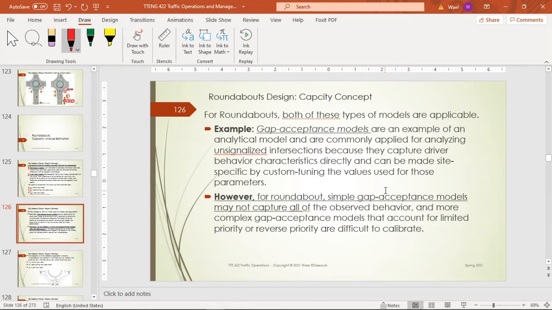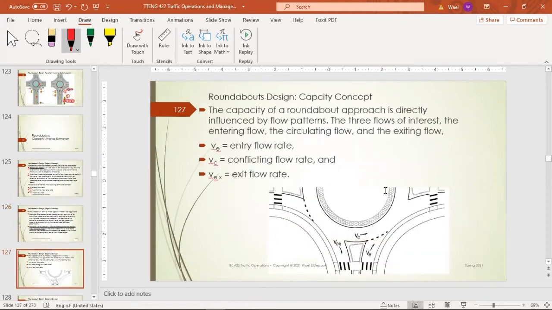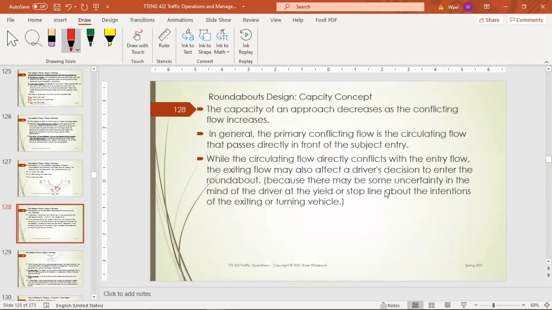So this is the entering volume, this is the conflicting volume, which is basically the volume circulating right before the entry of the approach, and that's the exit volume at the approach. Those are key in determining the capacity and level of service at the roundabout approach.